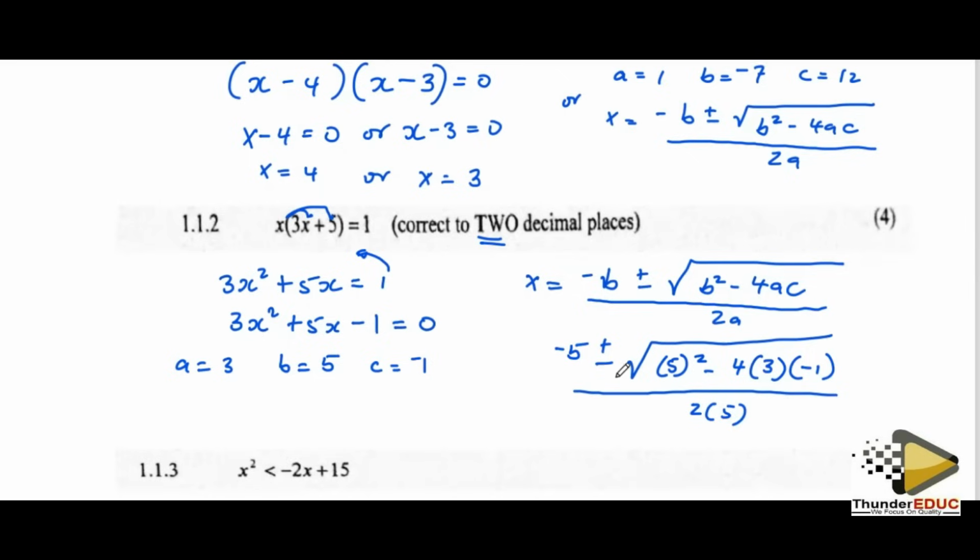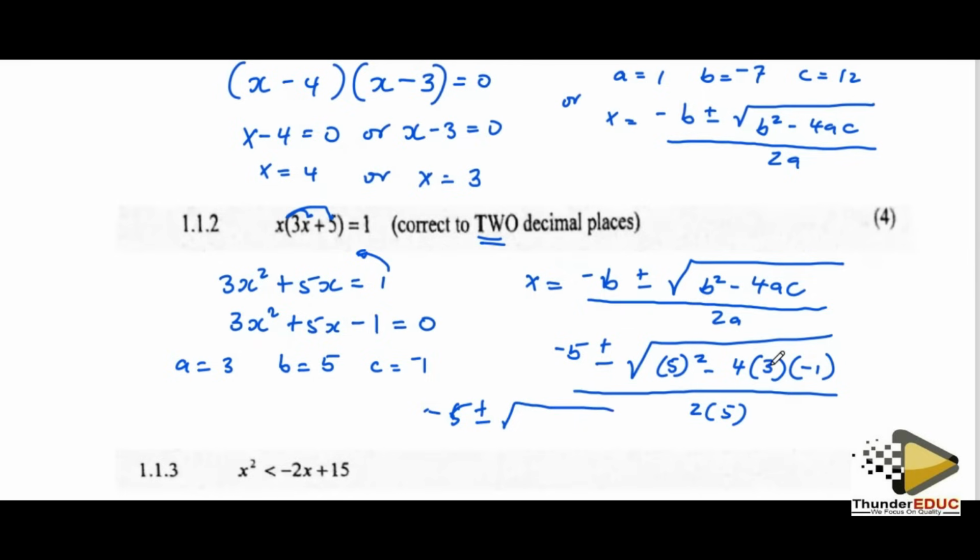Okay, I may choose to do just a substitution and get my answers straight away, or I may try to simplify it further so that I have a negative 5 plus minus. I know that my 5 squared is 25.